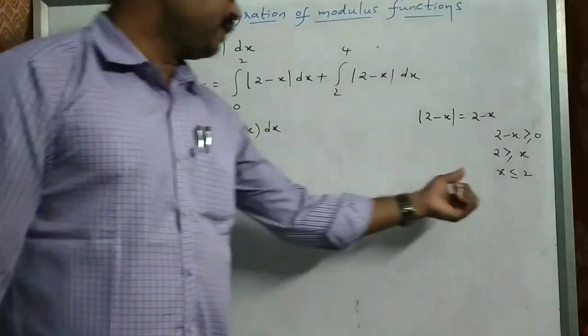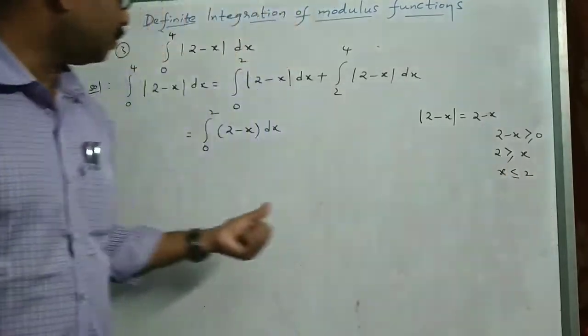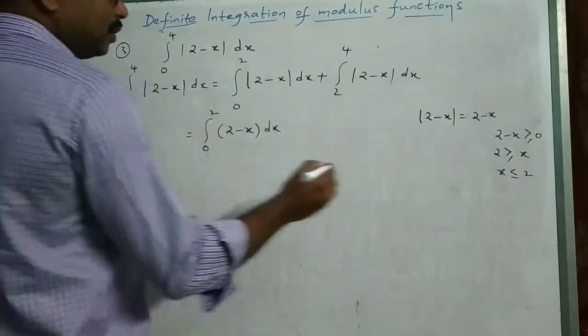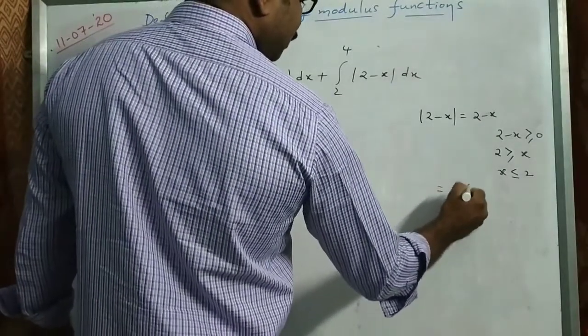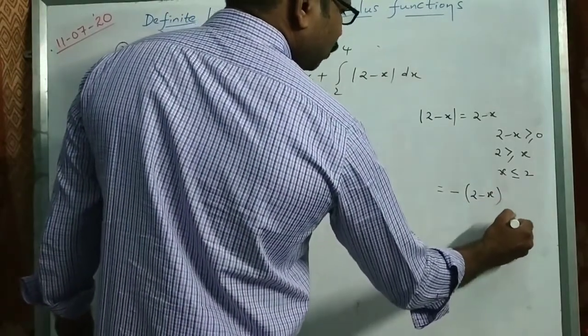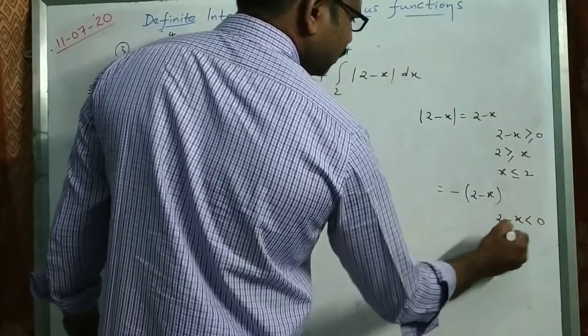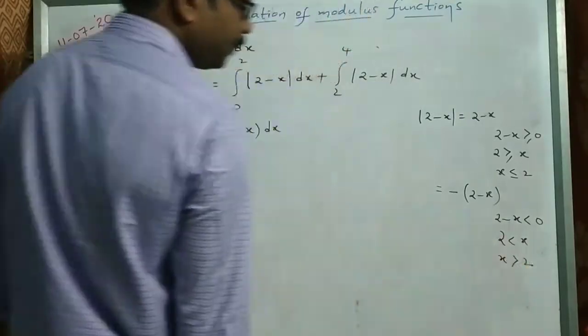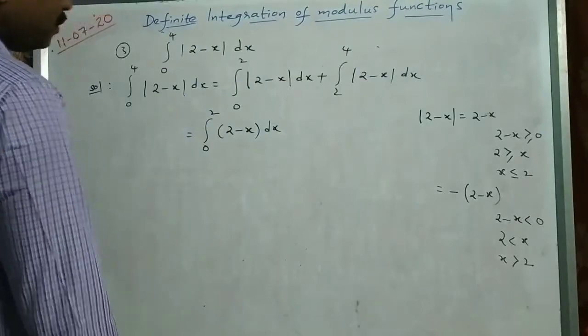Because whenever we have x less than or equal to 2, we can take positive value. So when do we have negative 2 minus x here? Minus of 2 minus x if 2 minus x is less than 0, 2 less than x, this can be x greater than 2.